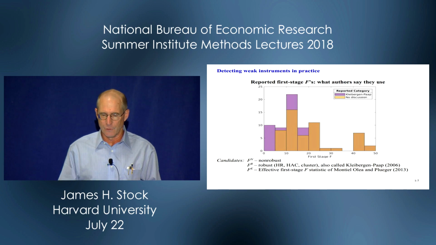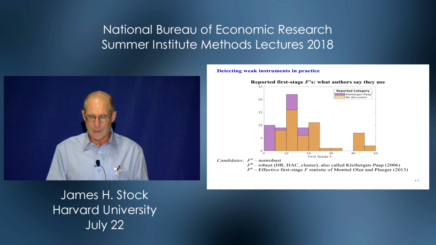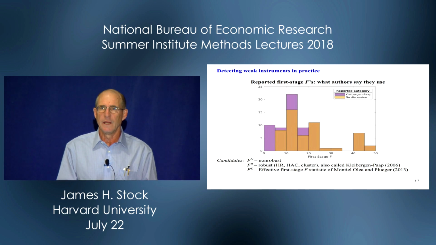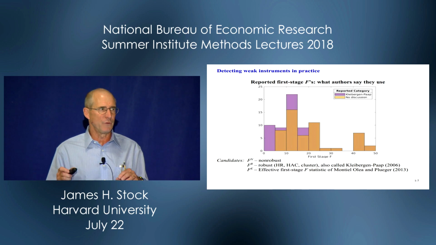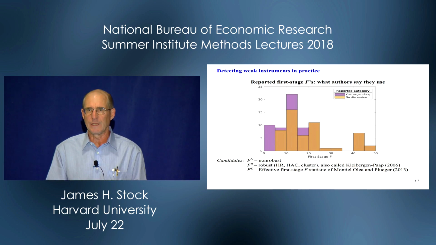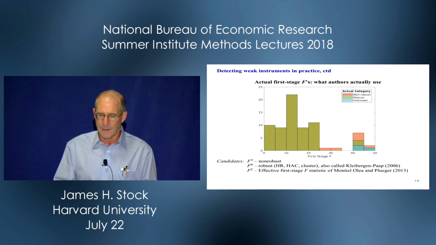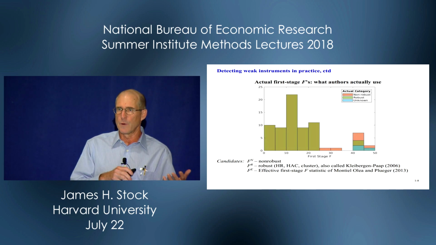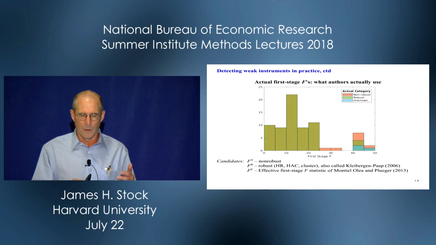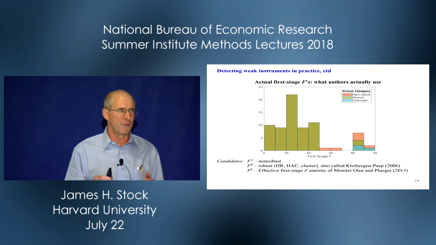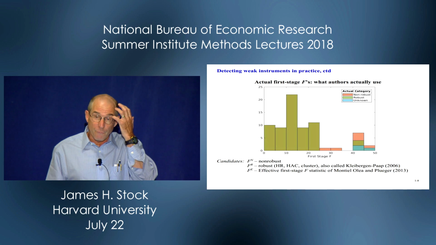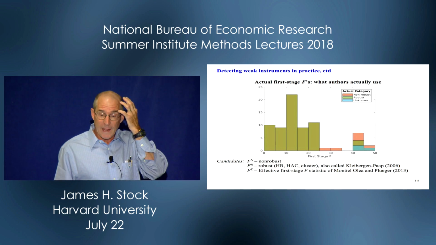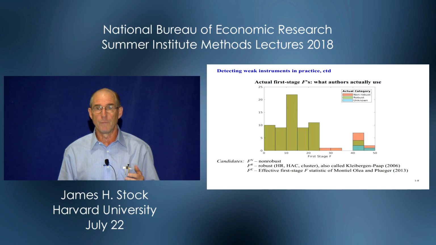And then there are these other ones that are bigger. This is what people say they do, and then Sophie went back and did some reverse engineering to see what people actually did. Here we've clumped the Kleibergen-Paap with the robust ones, and that's why they're shaded the same color, and those are the ones that are lower. The really high F statistics turned out to be mainly the non-robust F statistics.